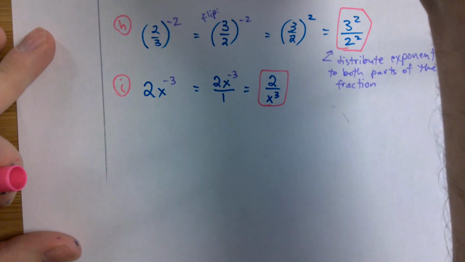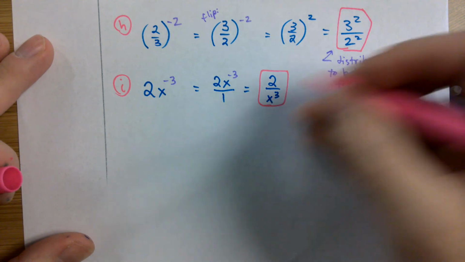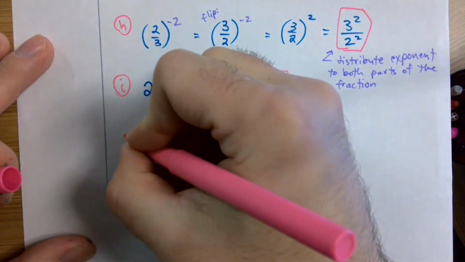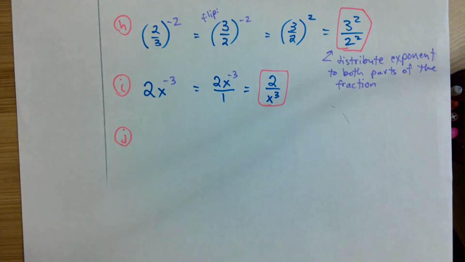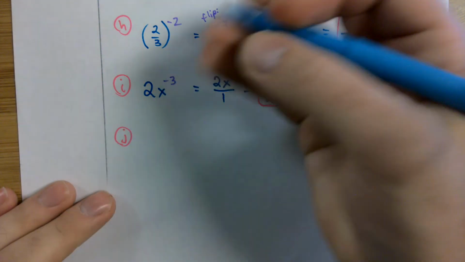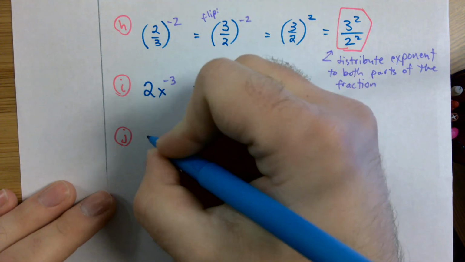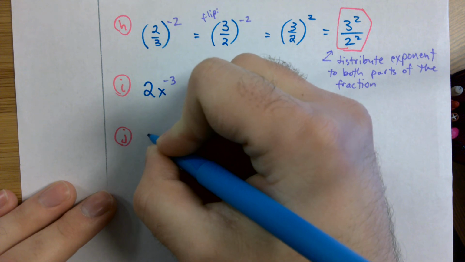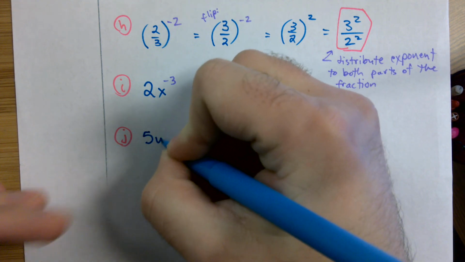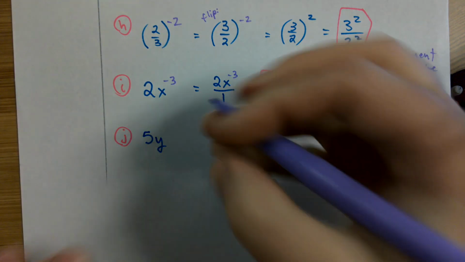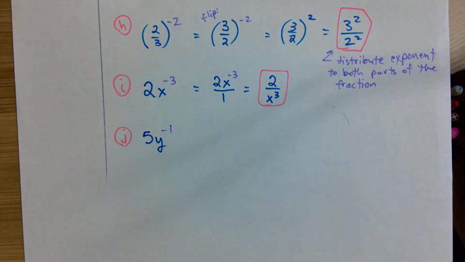I know I said this was the last example, but because I feel like that's confusing, we'll do one last one real quick. Let's do 5y to the negative 1.